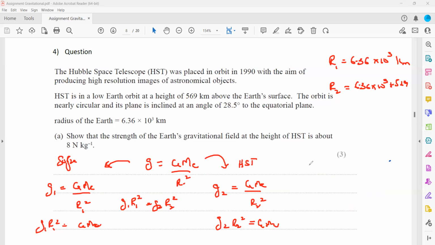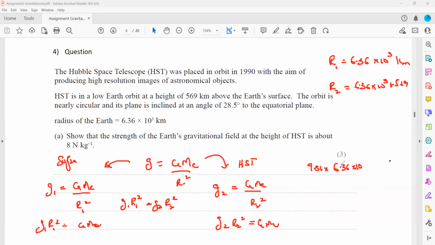So the first value of the gravity was 9.81, times the radius R1, that is 6.36 into 10 power 3.